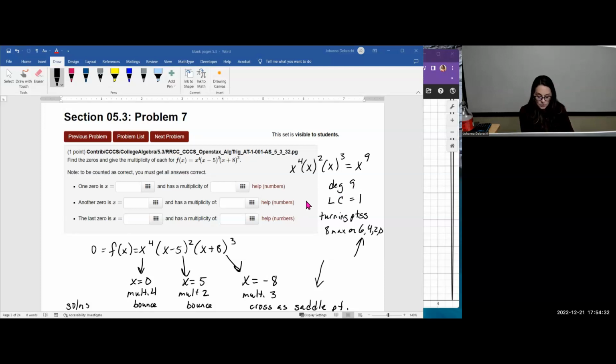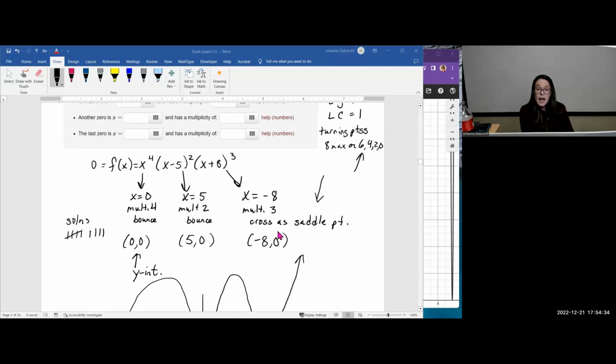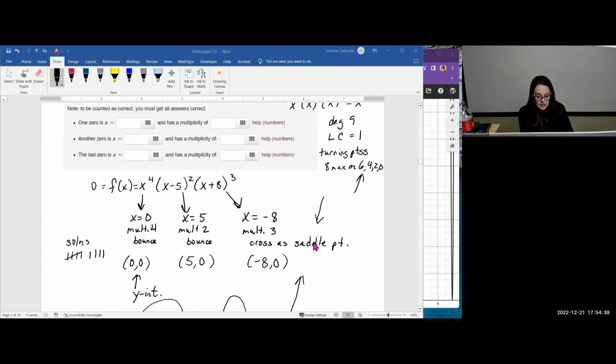When I set it equal to 0 and solved, I did get x-intercepts, and they had multiplicities. So x equals 0 showed up as a solution 4 times, so I would put in multiplicity of 4. That accounts for 4 of the 9 solutions there are. Now, x minus 5 set equal to 0 gives me x equals 5, and that showed up as a solution 2 times.